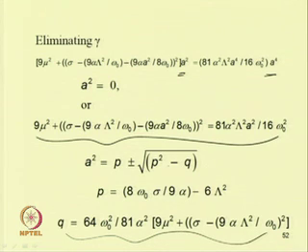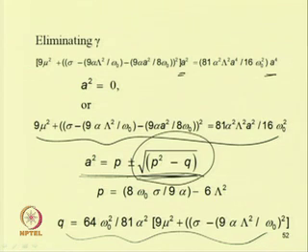It can be noted that from this equation the solution will exist, or will have a real solution, if this part is positive. So, the solution will exist if p square is greater than q, and if p square is not greater than q, then we cannot have a real solution.